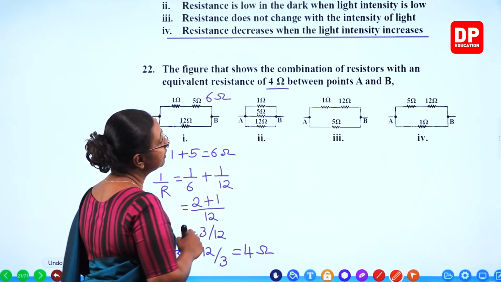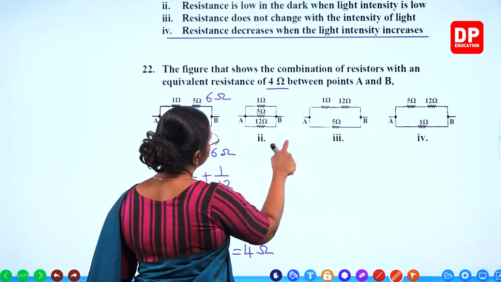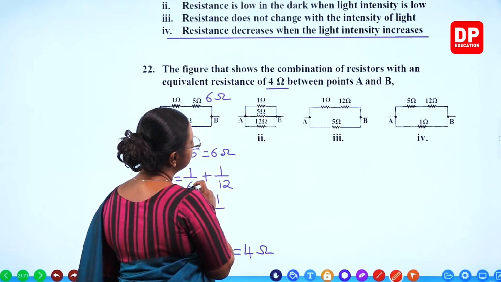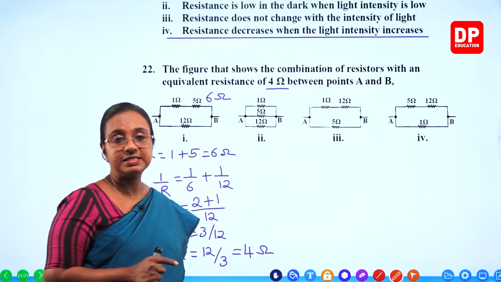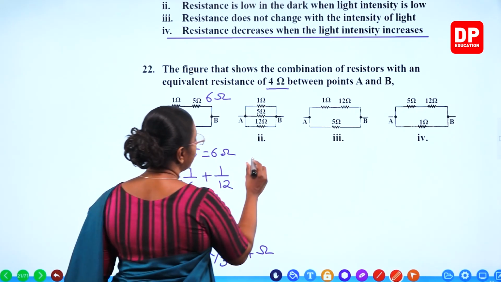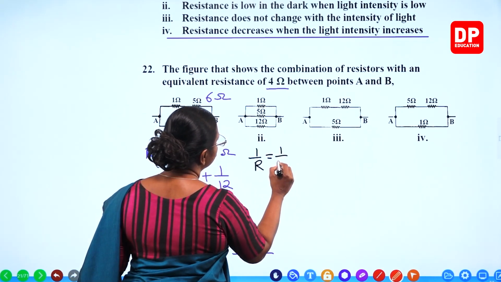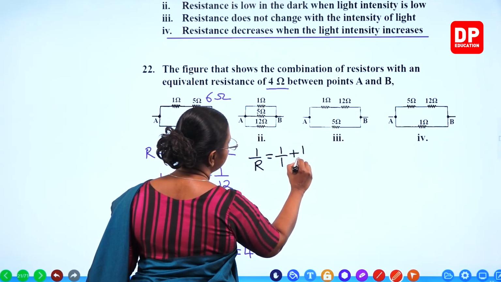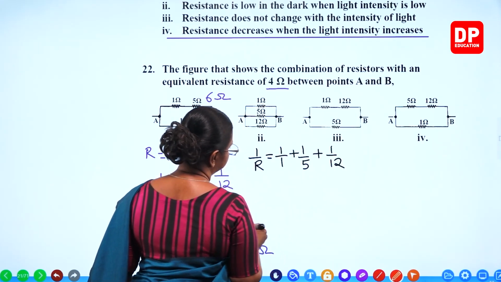Then if you look at the next one, just to check whether the others are correct or wrong, we will calculate the equivalent resistance here. 1 ohm, 5 ohm and 12 ohm resistors are connected in a parallel combination. So 1 over R is equal to 1 over 1 plus 1 over 5 plus 1 over 12.